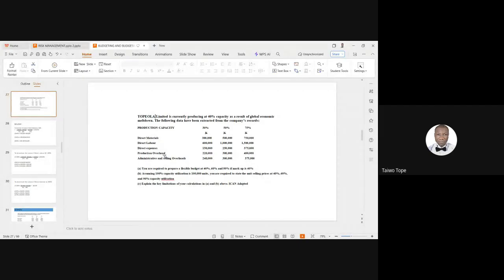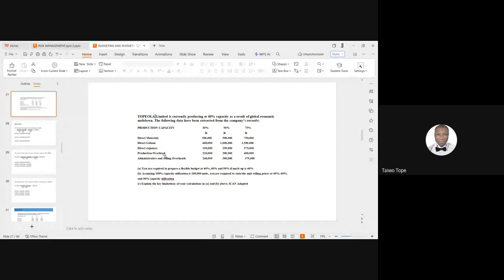Based on the total cost, we can apply 75% or 30% to determine our variable cost. Please follow this explanation.